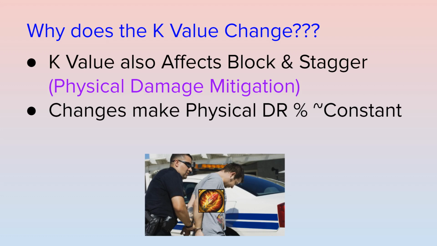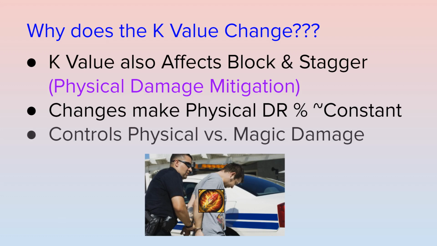As such, the main thing the K value changes control is the effectiveness of physical damage mitigation relative to magic damage mitigation. In a world with a constant K value, players would only gain more and more physical mitigation over time, while incoming magic damage would become much more dangerous by comparison.